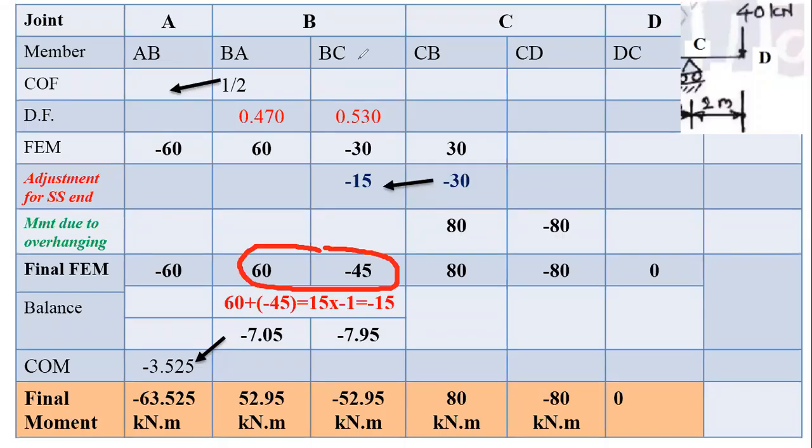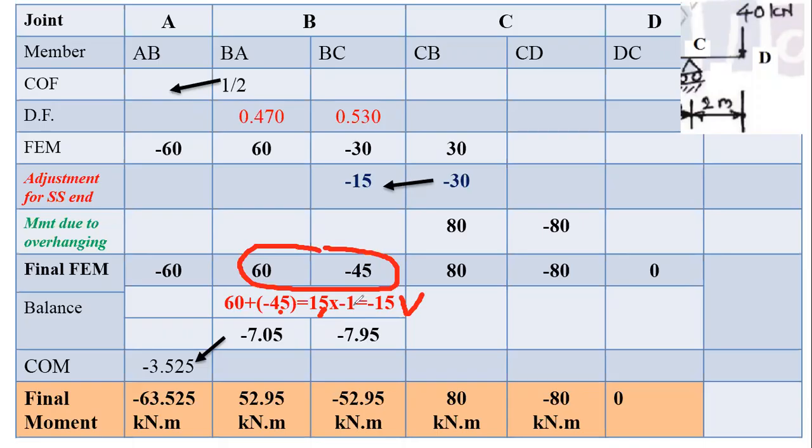Make the summation of fixed end movement. Plus 60 minus 45, so summation will be plus 15. ठीक है, so plus 15, it is the algebraic summation of movement. So we have to balance it. मग ते balance कसं करणार? So distribute minus 15 movement, multiply with minus 1 or multiply with opposite sign.